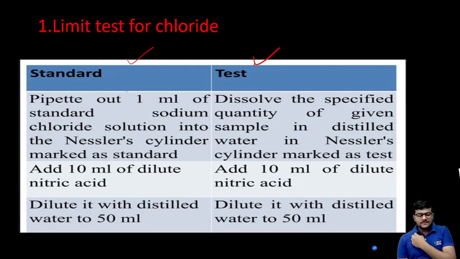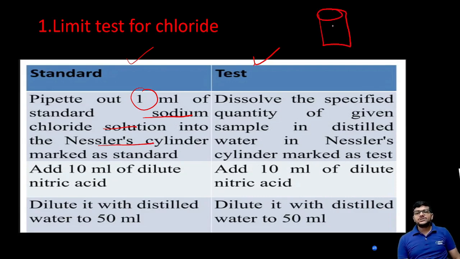So there is a method where we pipette out, using a pipette of maybe 5 ml or 10 ml. You have to pull out 1 ml of standard sodium chloride solution into the Nessler cylinder.